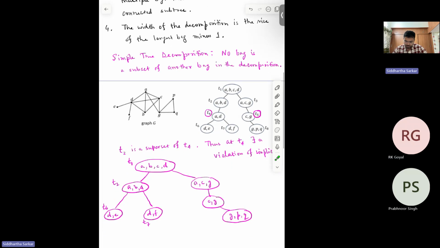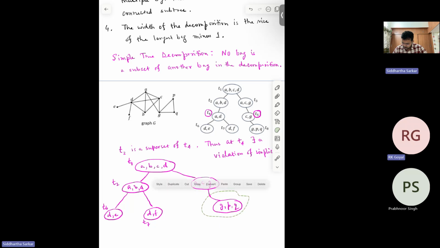And we have verified for the first step that with this operation, we cannot disturb the properties of the decomposition. Now we come to this guy again. So this is a subset of this bag, so you can delete it. Once we delete it, we have to connect its children, there is only one child in this case, to the superset bag.